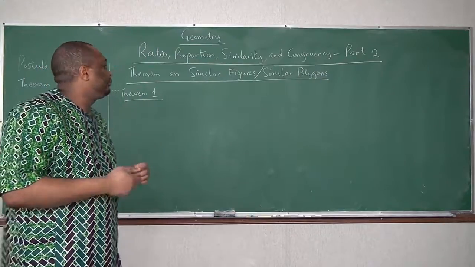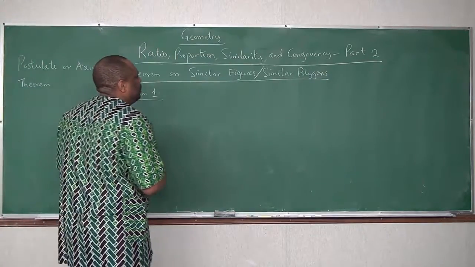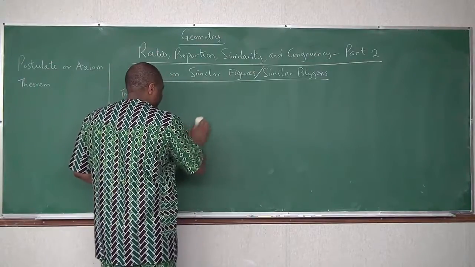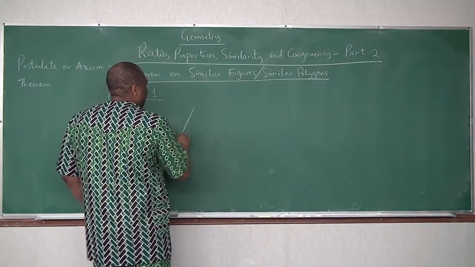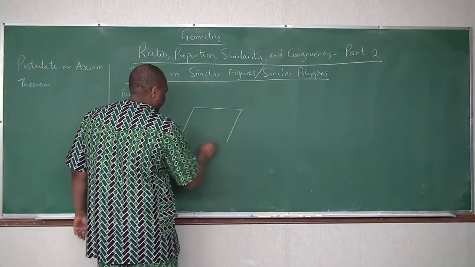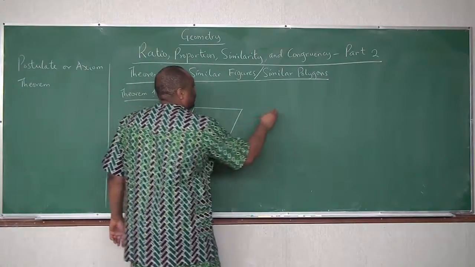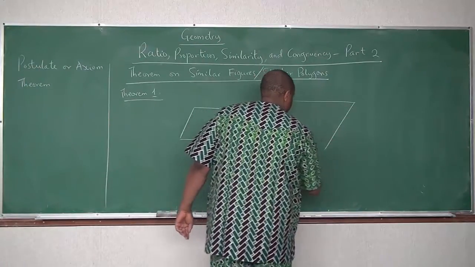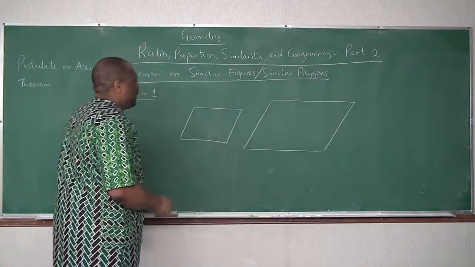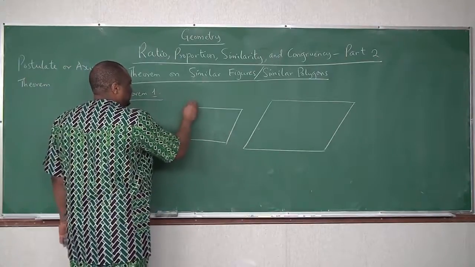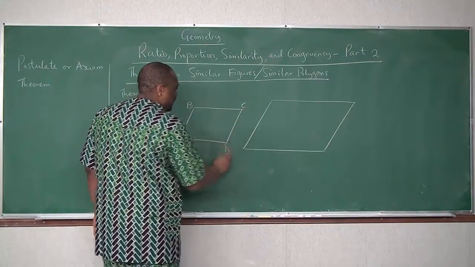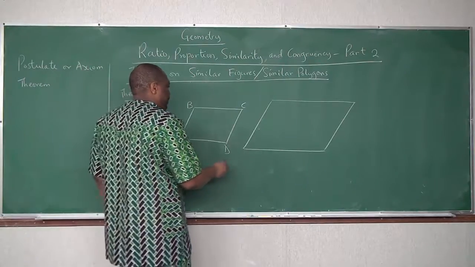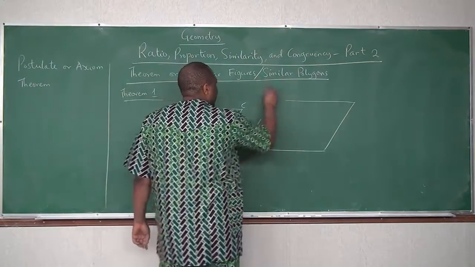Let's say we have two similar parallelograms. I call this parallelogram ABCD, and parallelogram EFGH.